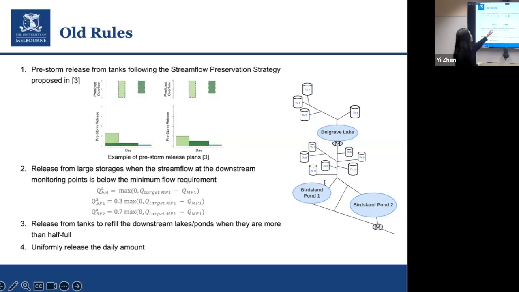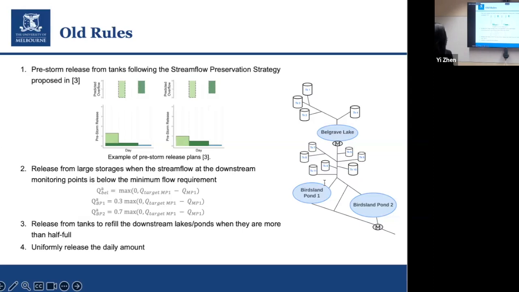But if the second overflow event here is much larger in magnitude, then the discharge rate of this plan may be higher than the discharge rate in the first plan. And in that case, we'll follow the first plan to perform the pre-storm release. And then we calculate the releases from the large storages, which is basically the amount required to achieve the minimum flow requirement.